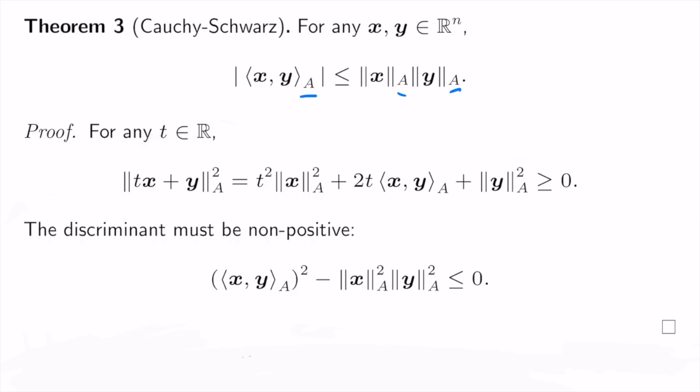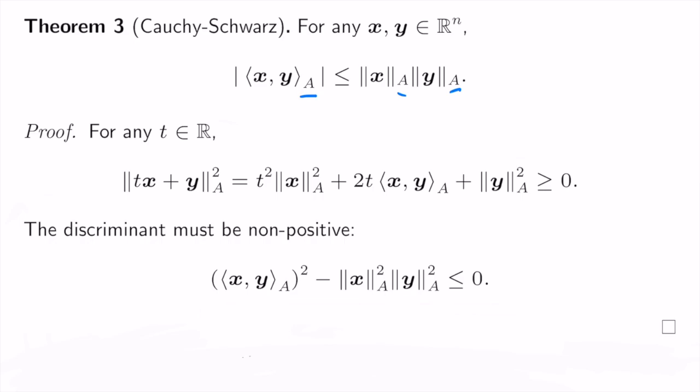For any real number t, we calculate this quantity, the norm squared of tx plus y, which can be expanded as this. Now we have a quadratic form in t. But this must be greater than or equal to 0 because it's a real number squared. Therefore, the discriminant of this quadratic form must be non-positive.